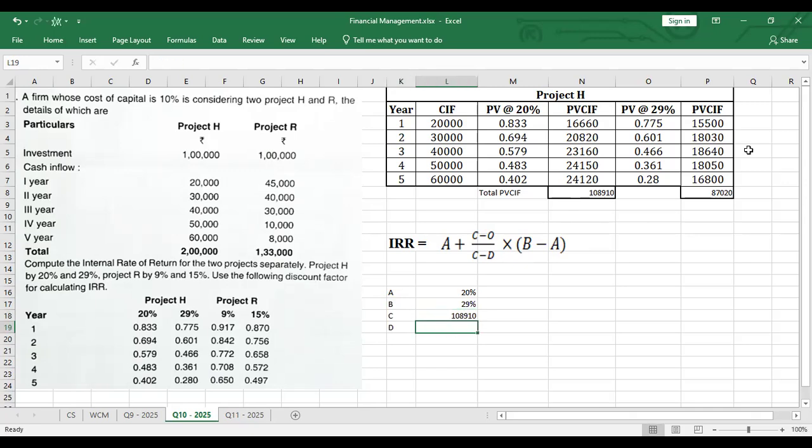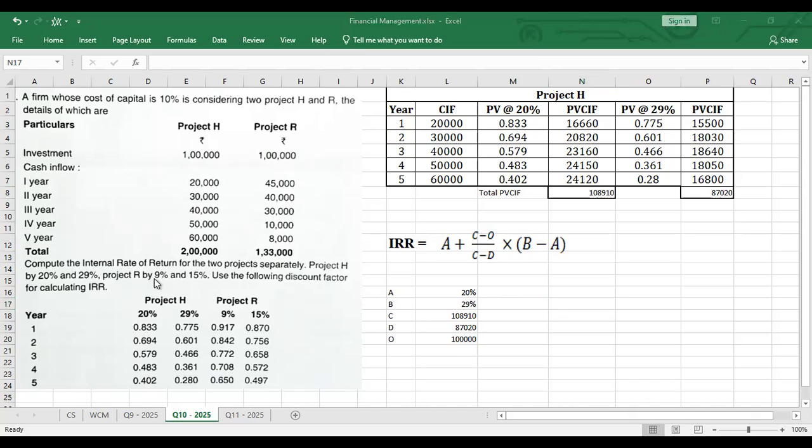D equals the present value of cash inflow at the higher rate, 7,020 rupees. Then O is the original investment. We have to check the original investment in the question. How much original investment? 1 lakh rupees. Simplify and let me know the answer in the comment box. Same thing you have to repeat for project R as well.